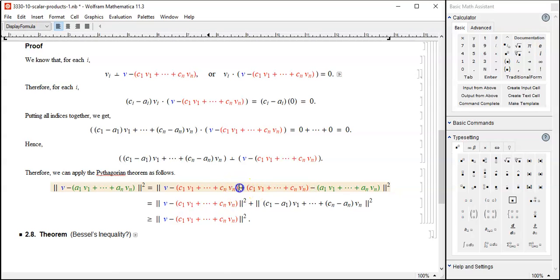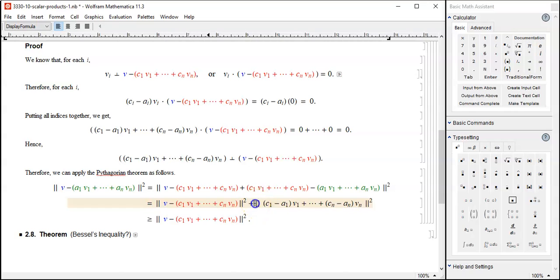But then again, this and that are perpendicular. This part, C1 minus A1 times V1, and C2 minus A2 times V2, all the way up to Cn minus An times Vn, we saw before. So we have perpendicular vectors, this part and that part, so the Pythagorean theorem applies. We have the equality here.